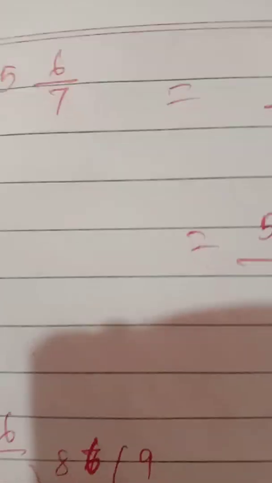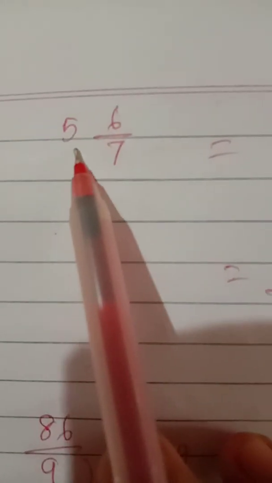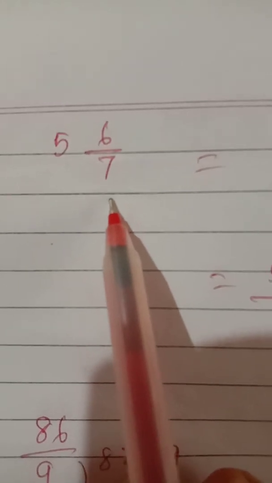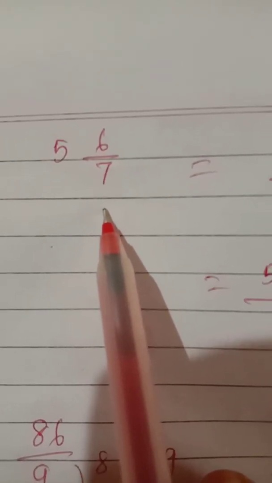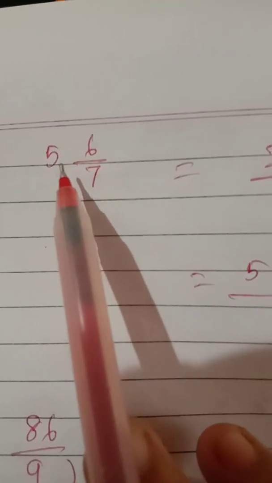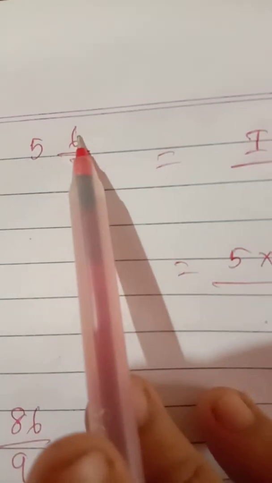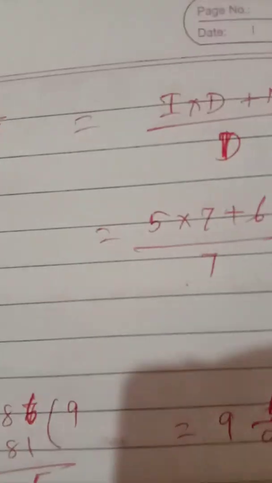First, it's a mixed fraction, that is 5 integer 6 upon 7. As I previously mentioned the formula, this is our whole number and this is the fraction. So whole number multiply denominator plus numerator upon denominator.